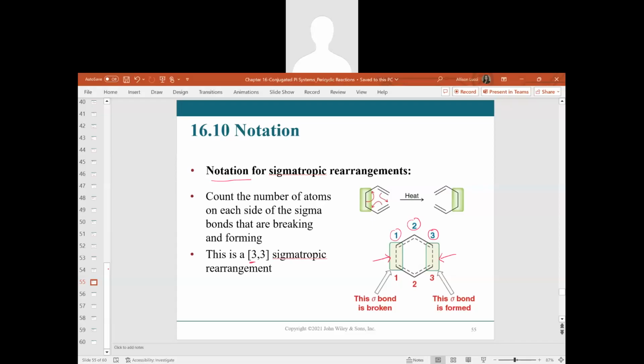In the top portion of this molecule, there are three atoms in between the sigma bonds that are being broken. And then down here, we also have three more atoms between the two sigma bonds that are being broken and formed. So this is a new notation, and it's the number of atoms, in this case 3 and 3, between those two sigma bonds.